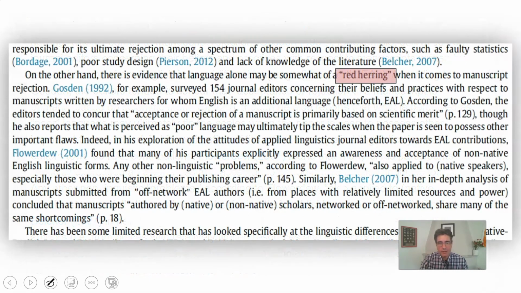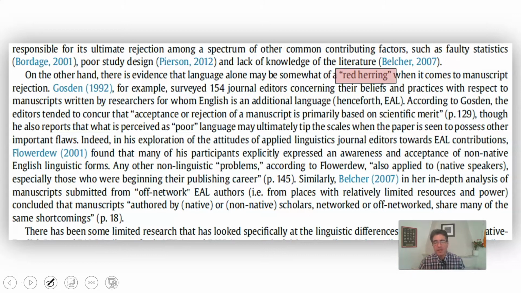And I want to draw your attention to this word here, red herring, because as you're going to see shortly, it sticks out. This is a kind of idiom, which means it's not that common actually, but it fit really well in this particular paragraph.